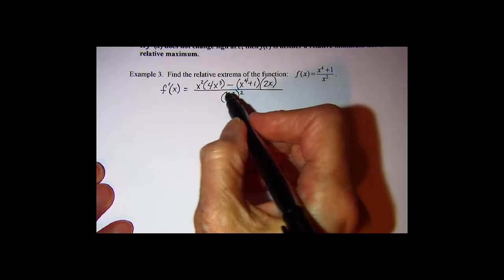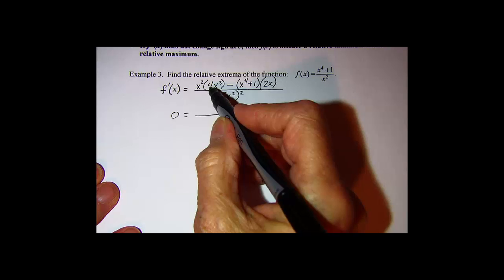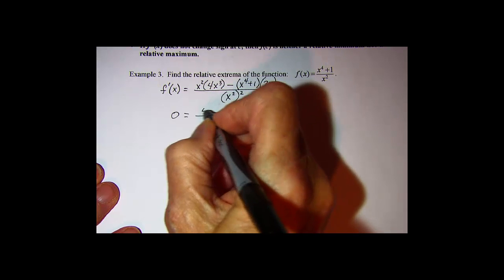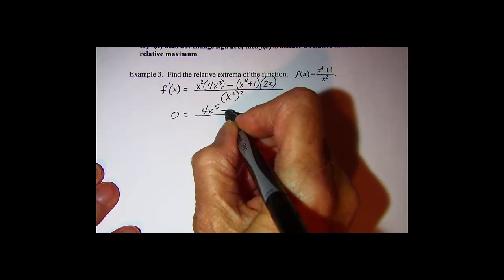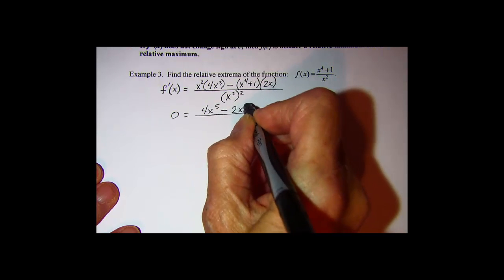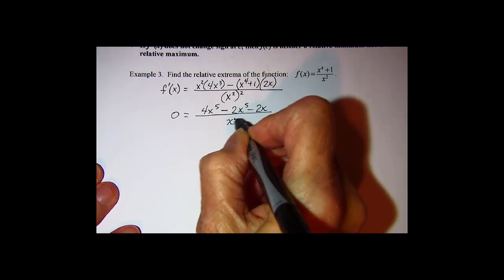And let's simplify this fraction. We are setting it equal to 0. We have 4x to the fifth minus 2x to the fifth minus 2x all over x to the fourth.